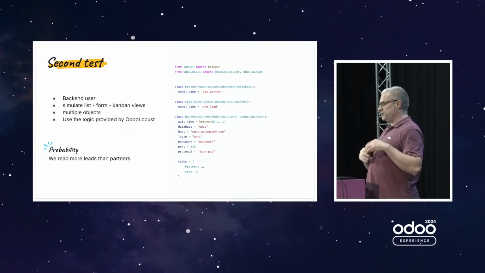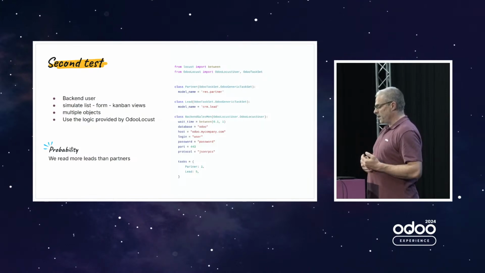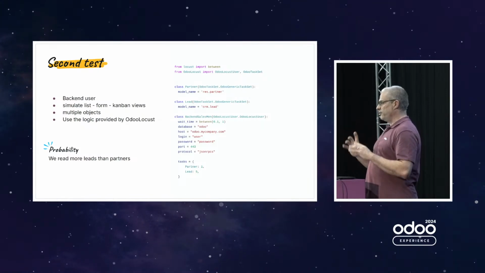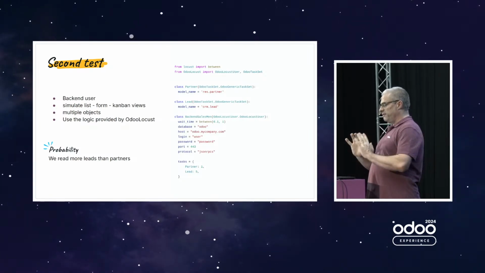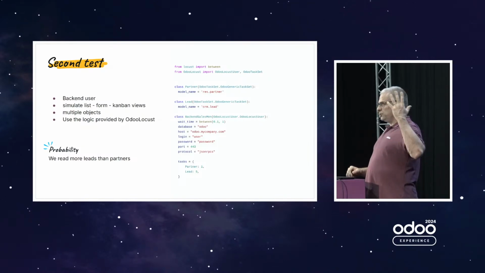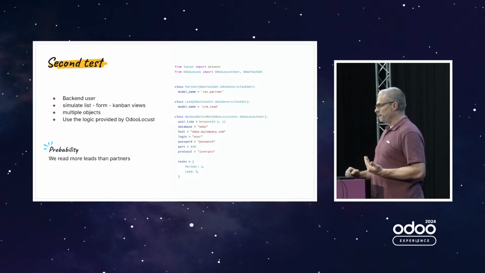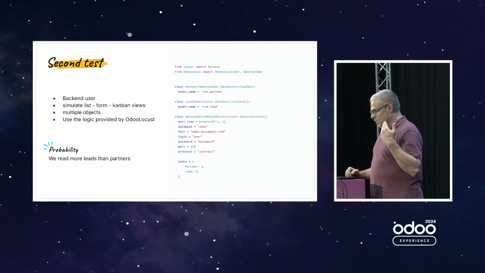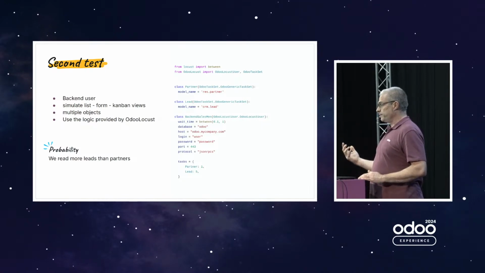And after that, it's a dictionary. And in this dictionary, the key is the class. And the value is the weight, the probability of these tasks. Here we have lead 5, partner 1. That means when the user will perform tasks, on average, he will run 1 partner task for 5 lead tasks. Okay?